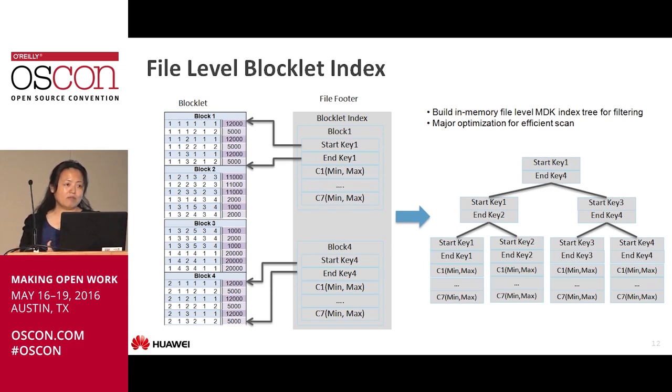At runtime, we will leverage this file-level blocklet index to build an in-memory MDK tree structure, and this tree structure will be utilized to filter blocklets. So we can do a much better job than other column formats only leveraging min-max. We can narrow down the blocklets we need to scan, and this is a major optimization for efficient scan.